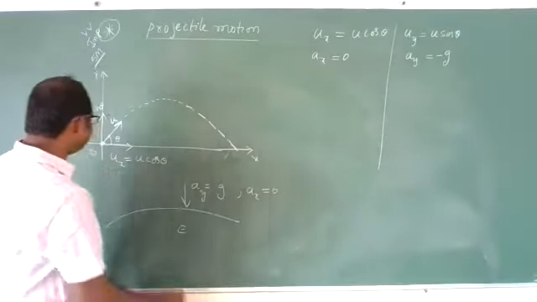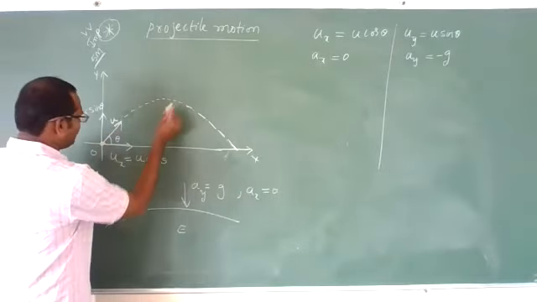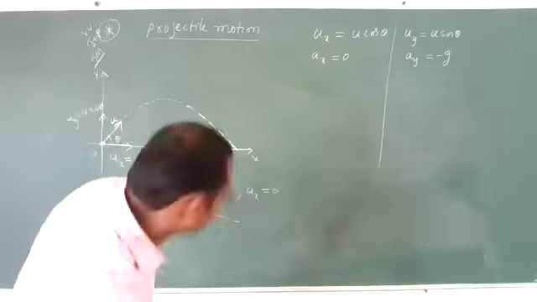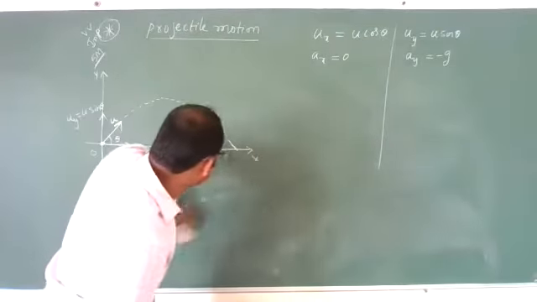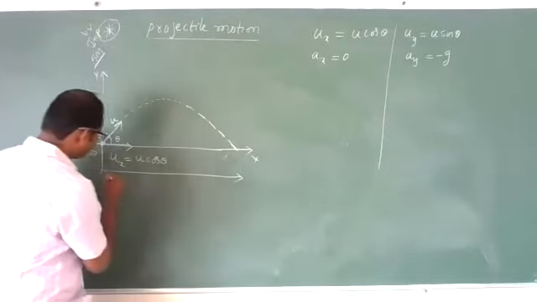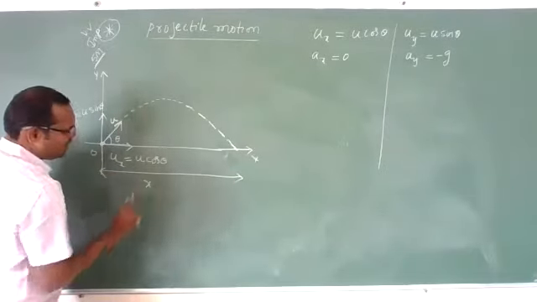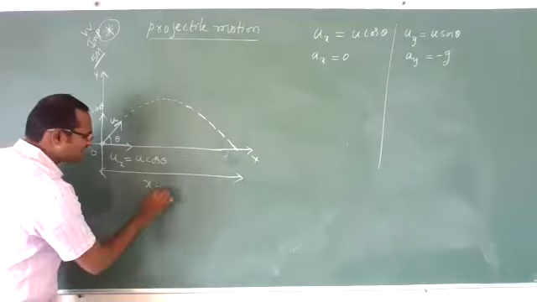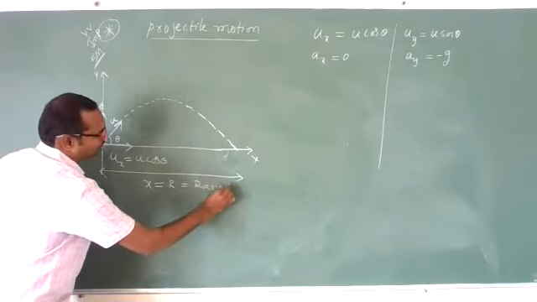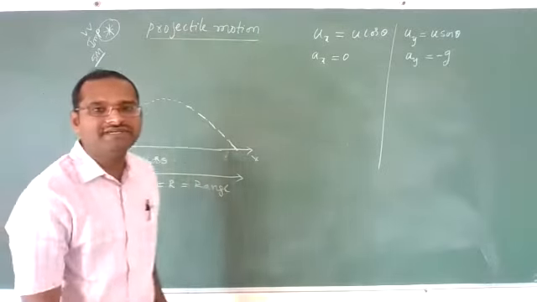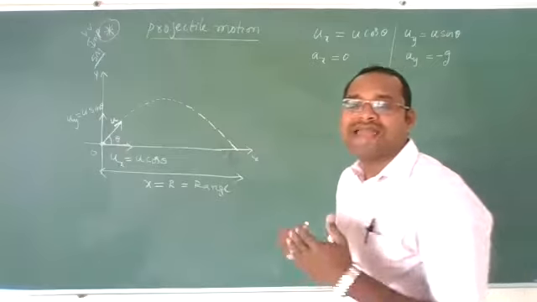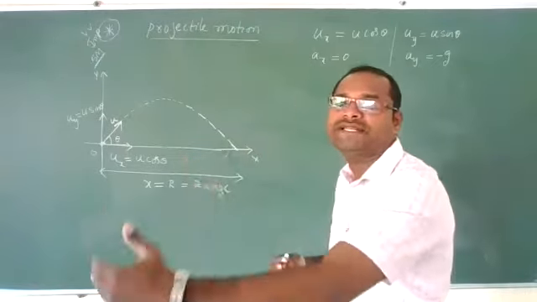Now let us imagine this projectile is covering some distance. This is the body projected like this, and it has covered some distance x along the horizontal. This distance we call r, that is, the range. Remember, range is the maximum horizontal distance a projectile can cover.